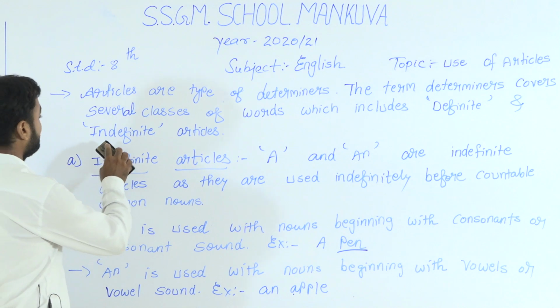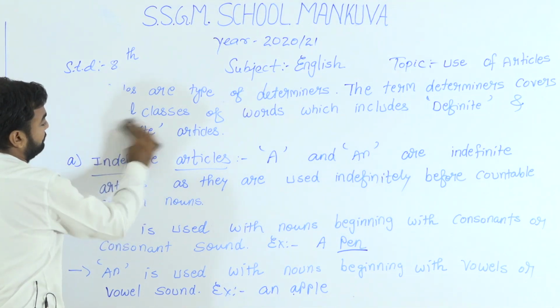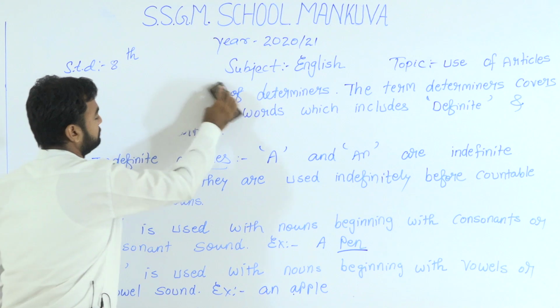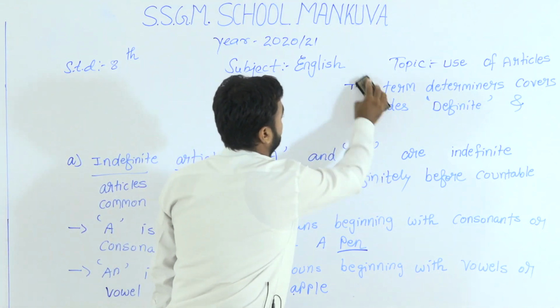Now number B, that is definite articles.